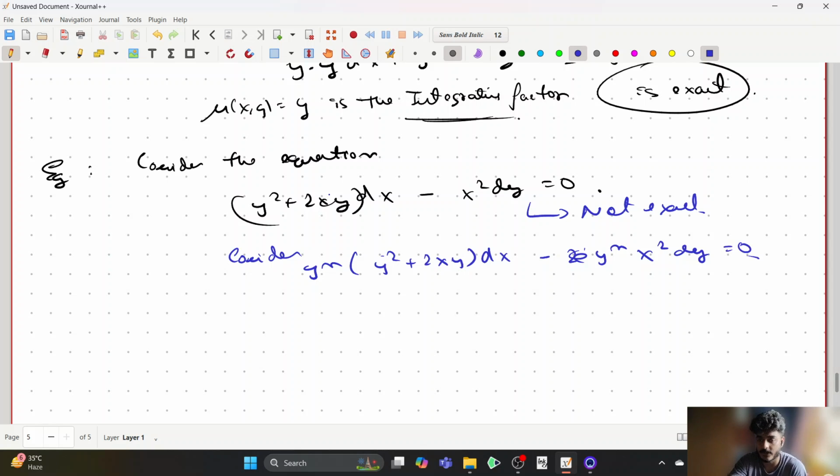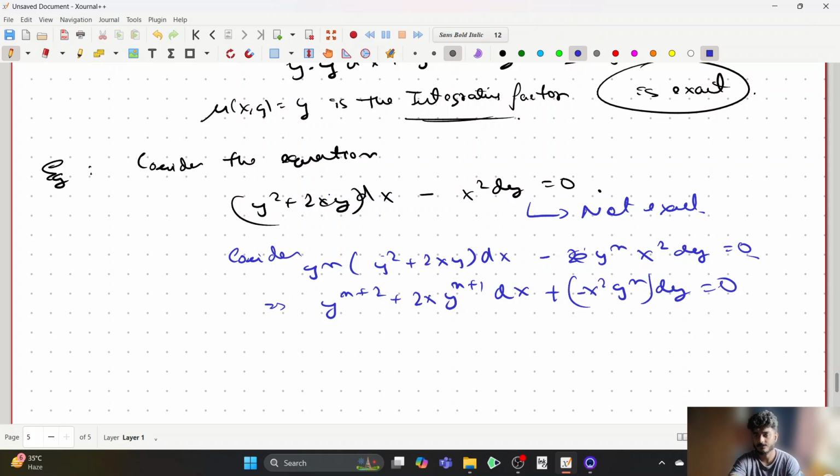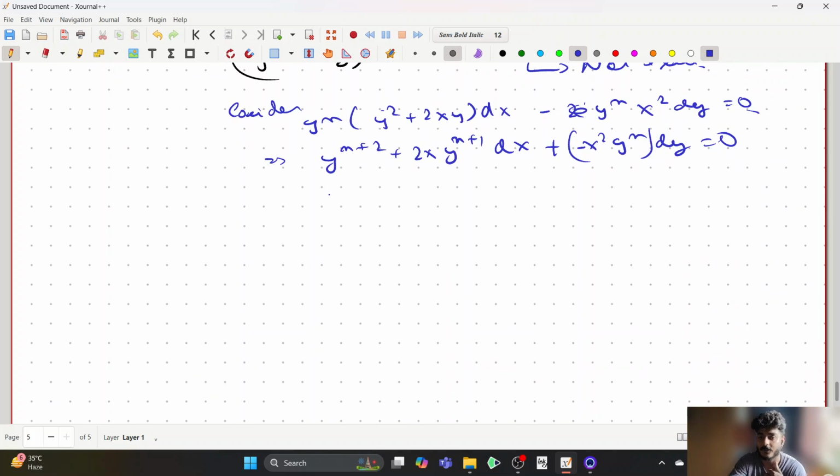We consider this equation. On slightly simplifying, we get y^(n+2) + 2x y^(n+1) dx − x² yⁿ dy = 0. Fine. Now I want to make it exact. So I need to find the integral power of y with respect to which this becomes exact.